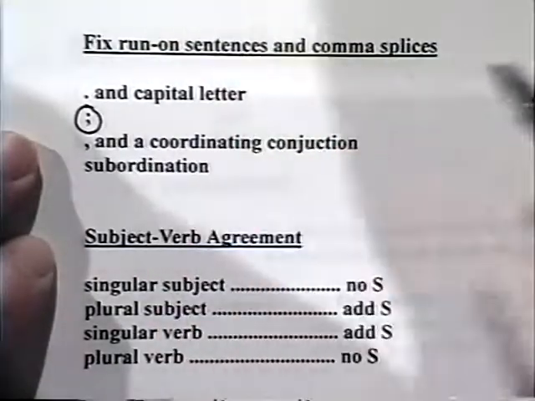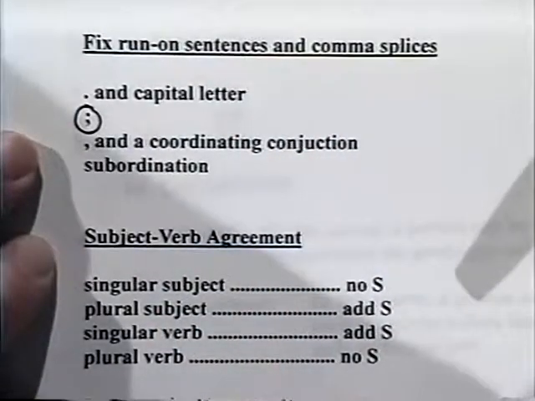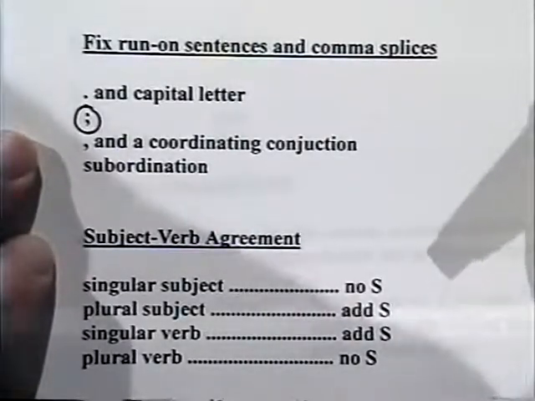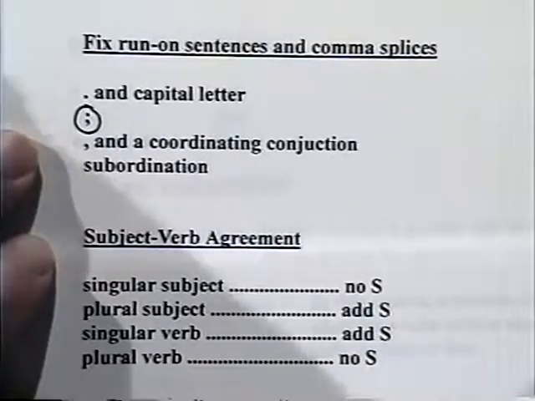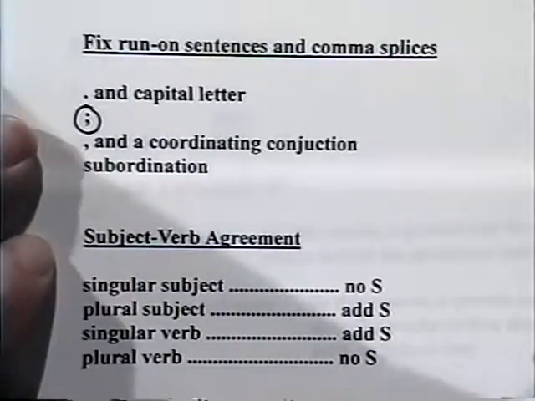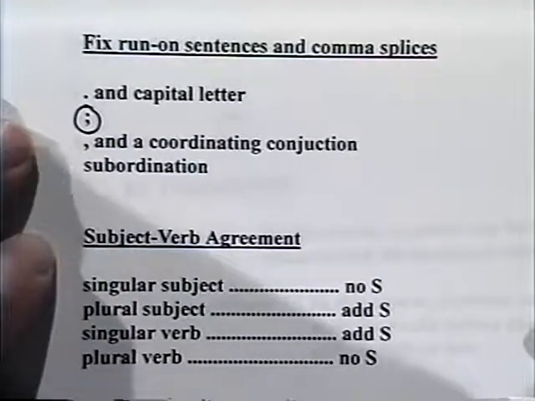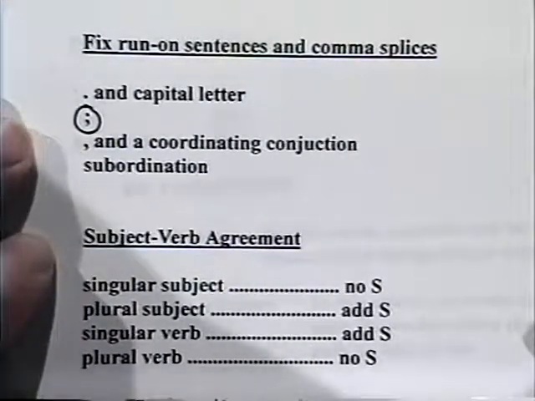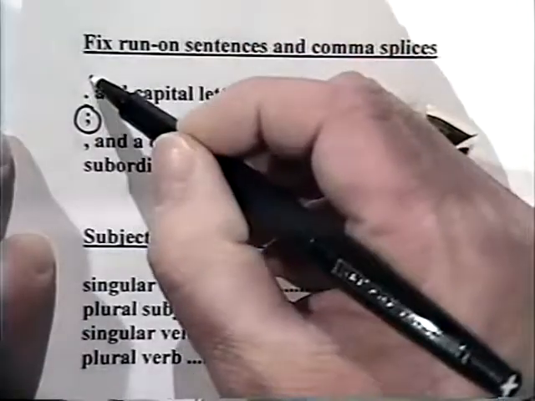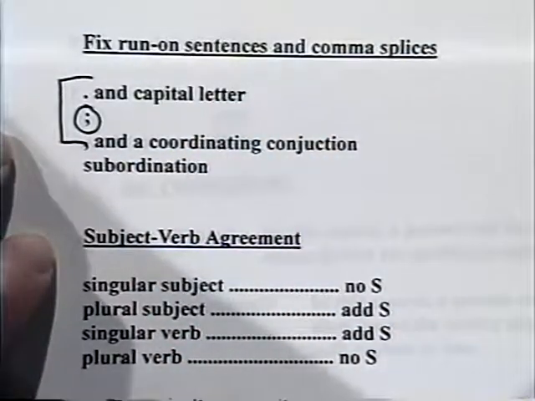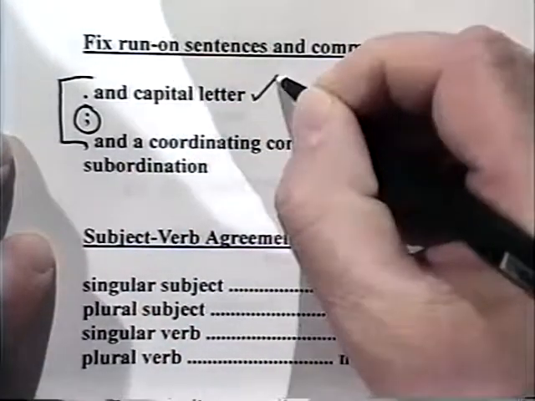If you do put a semicolon and you don't have a proper noun after it, like your name, my name, Cleveland, Ohio, if it's what we call a common noun like man, woman, school, and so forth, you do not have to capitalize the next letter. You also capitalize the next word if it's I, referring to yourself. Otherwise, you don't have to capitalize. Now, if you're ever in a situation where you think, okay, I've written a run-on or comma splice, I'm not sure which one of these two to use, always choose the period and the capital letter.